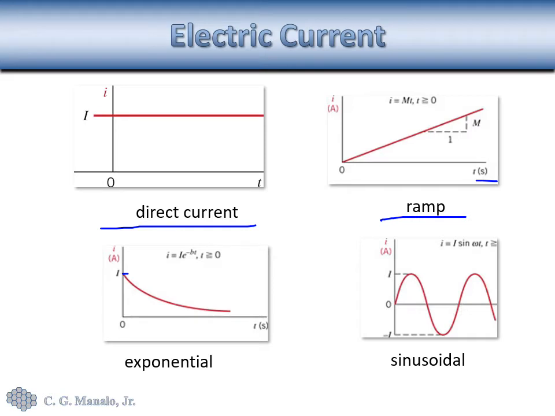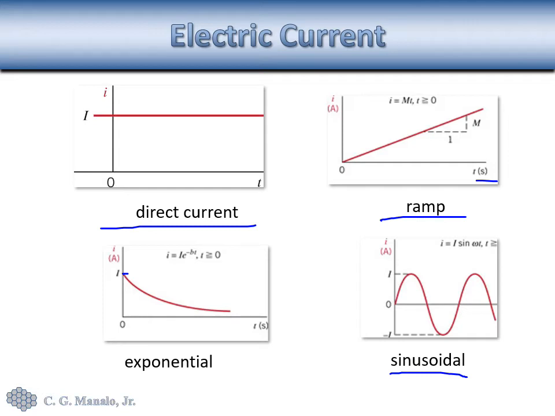Now we also have what we call a sinusoidal current, and it looks like a sine function. A sinusoidal current is what is actually used in the industry, and we will talk more about this, especially when we go to Circuits 2.